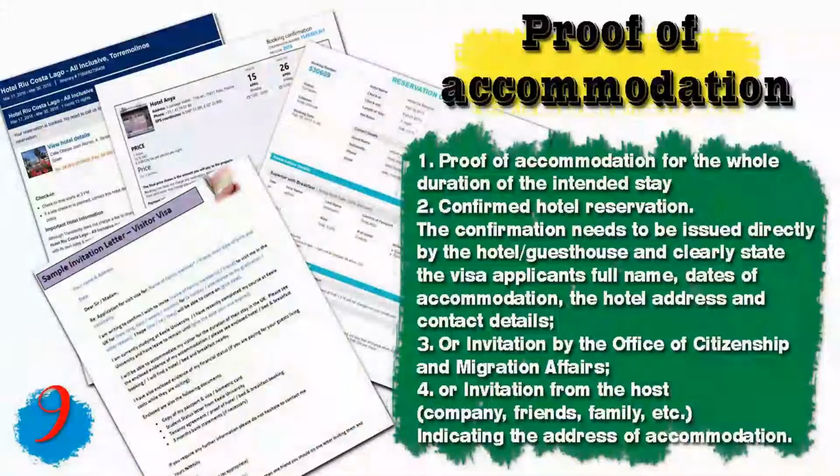Number 9, you will need a proof of accommodation. You will also need to provide a proof of accommodation for the whole duration of the intended stay. It should be a confirmed hotel reservation. The confirmation needs to be issued directly by the hotel or guest house, and clearly state the visa applicant's full name, dates of accommodation, the hotel address, and the contact details.